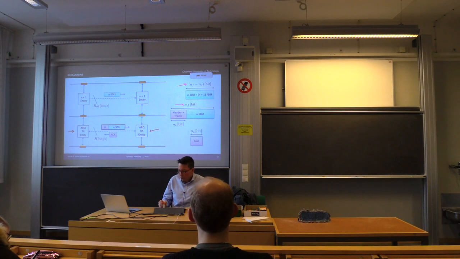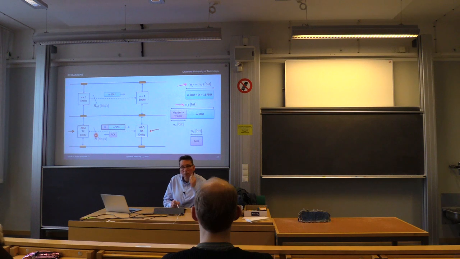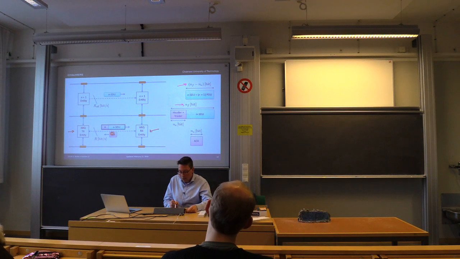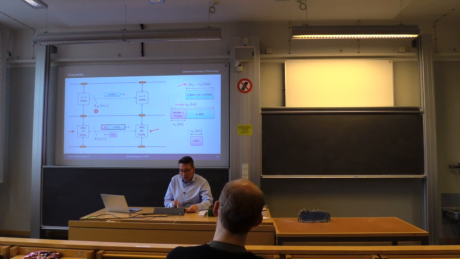In some protocols, the number of bits in the ACK, NA, is also important. So now we nail down NF, NO, and NA. We know the rate at which we can transmit the ACKs and the payloads, including headers. It's R, and we would like to calculate RF, the effective rate.